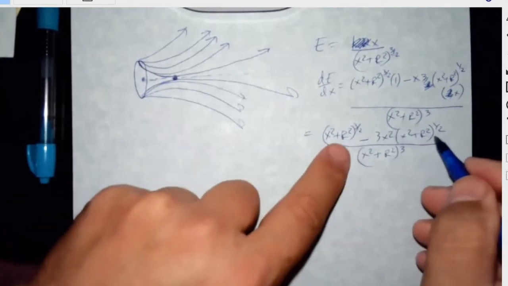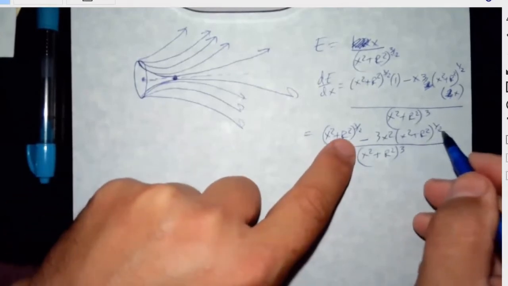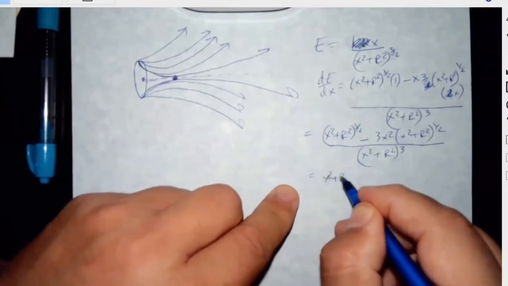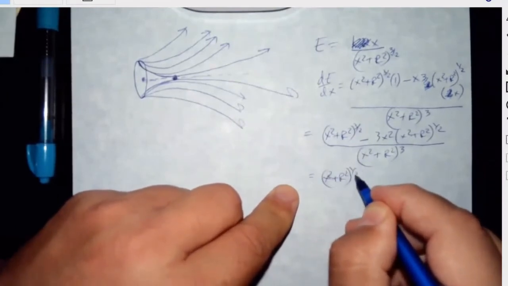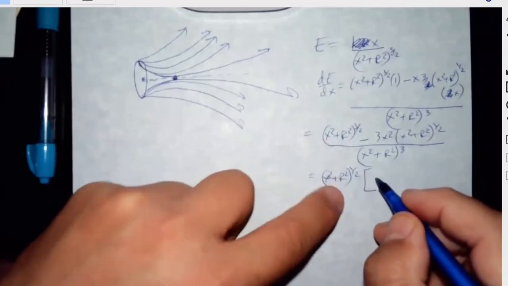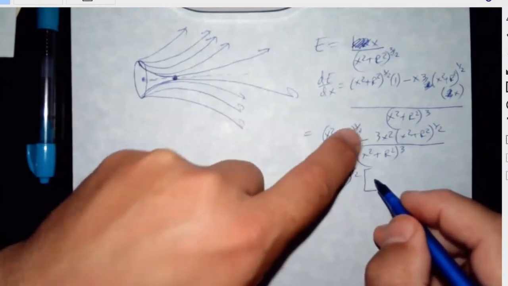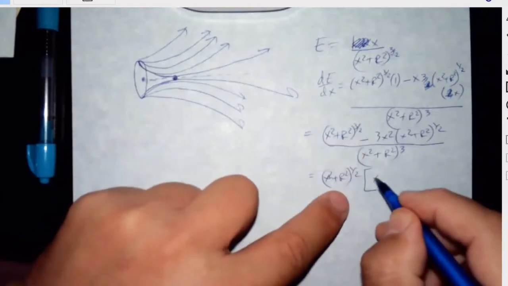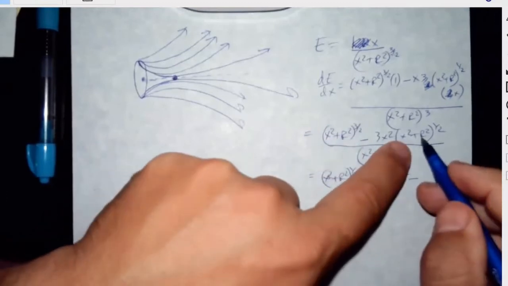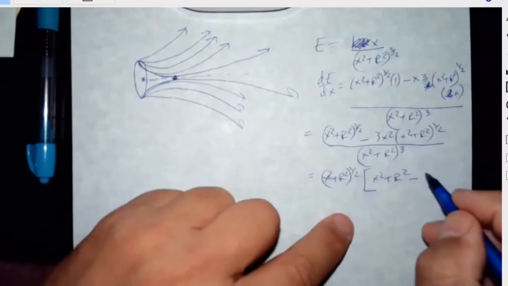Then I can factor out the x squared plus r squared to the 1/2, right? And I'm left with what? If I factor out the 1/2, I'm left with just x squared plus r squared, minus 3x squared.